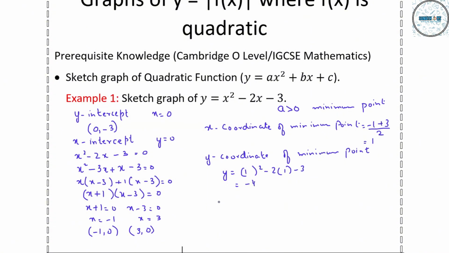So the minimum point is 1, comma minus 4.